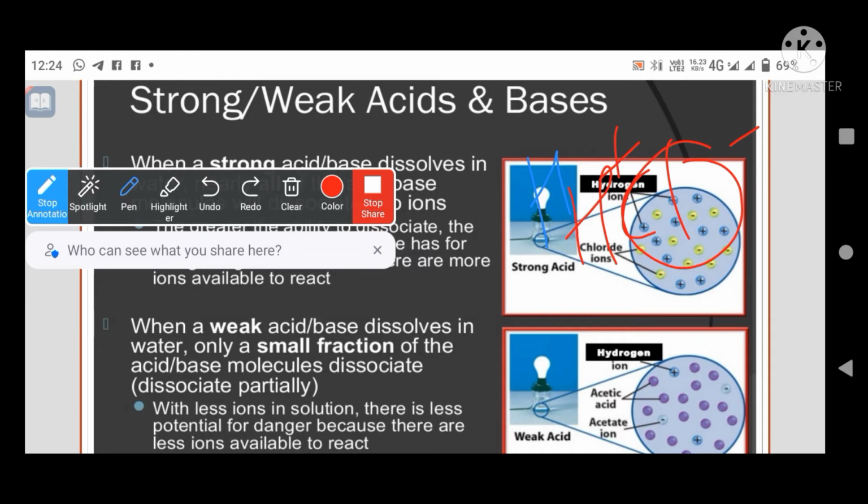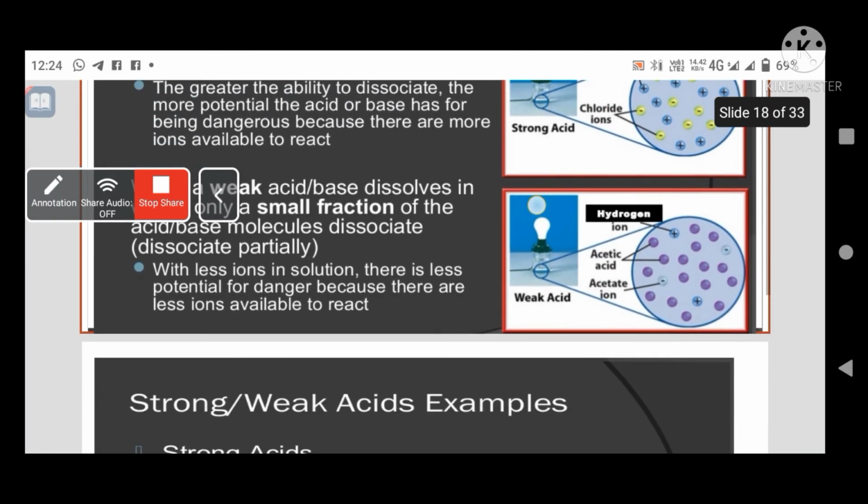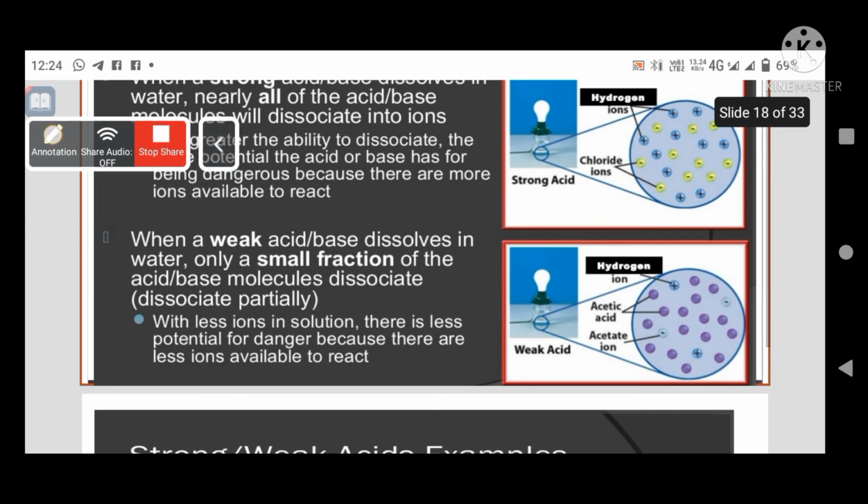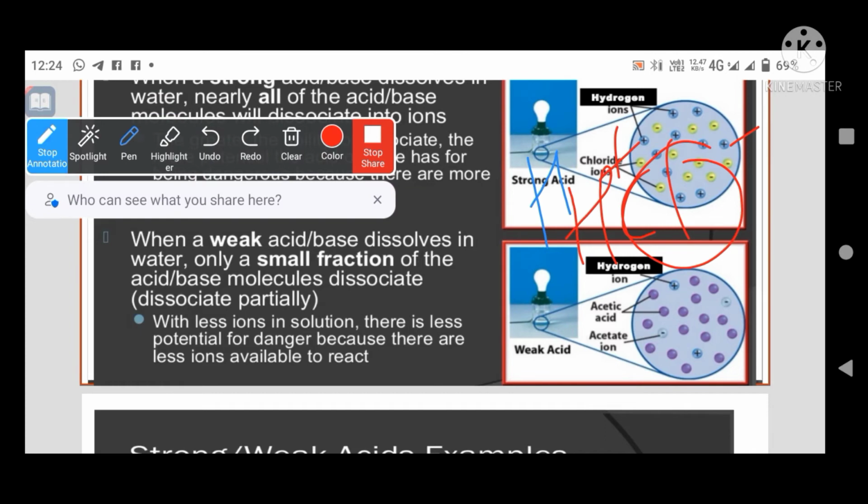Here we are studying the strong acid. Hydrochloric acid is a strong acid. The next diagram is regarding weak acids and weak bases.